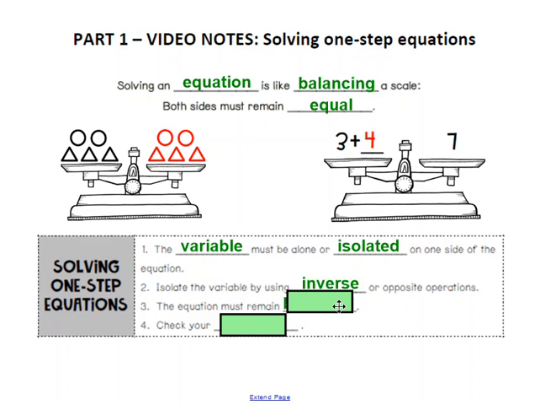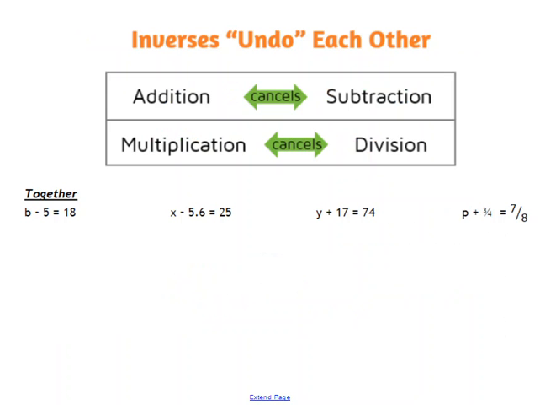So that's how we're going to get the variable by itself. Third, the equation must remain balanced. We cannot create a new imbalanced one. We have to make sure things stay balanced when we're solving a problem. And the bottom reminder would be to always check our solutions, just to make sure that our value is actually the one that works for that problem.